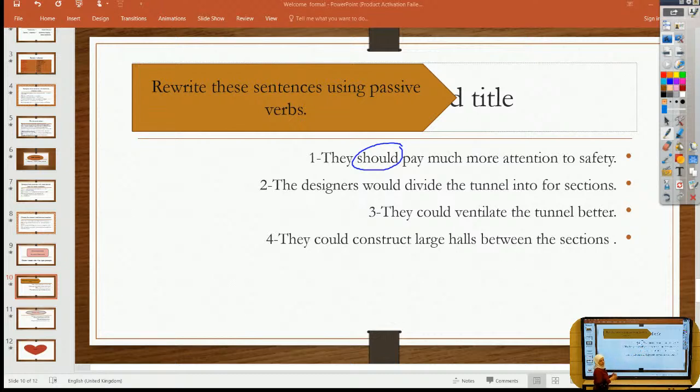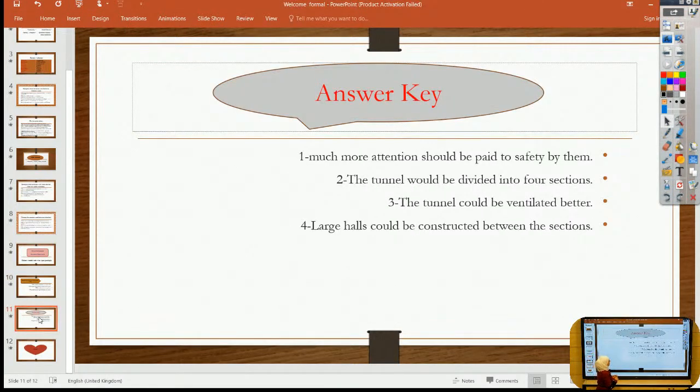We said that, first of all, we need to write the object. After the object, to return to our rule, object, then the modal. After the modal, verb be. Then the past participle. Try to answer them.